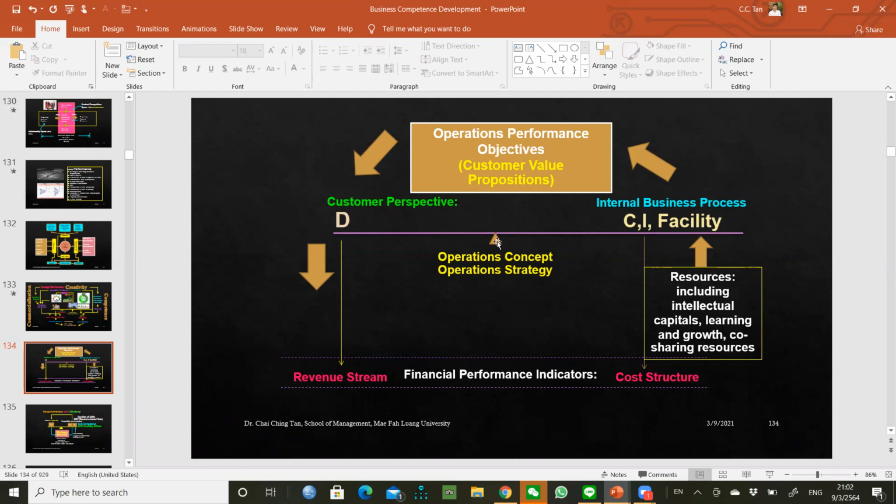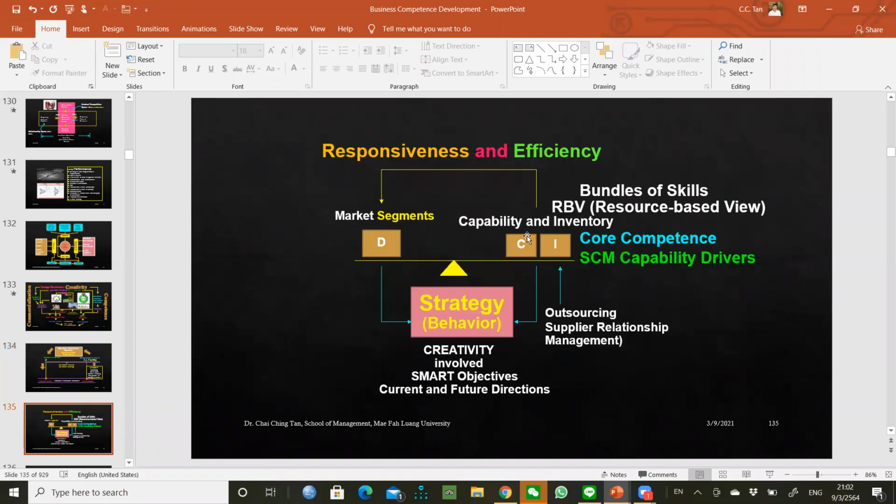So there are certain new languages again, but they are not different from the real balanced pivotings. Okay. And so you can see that you can make use of all this capability and capacity, inventory, all the core competencies and supply chain management capability, and all these bundles of skills and resources that you have.